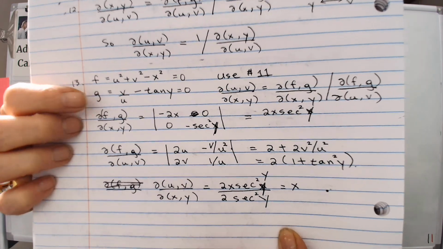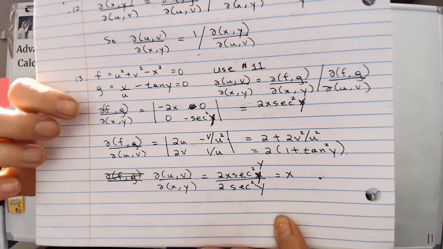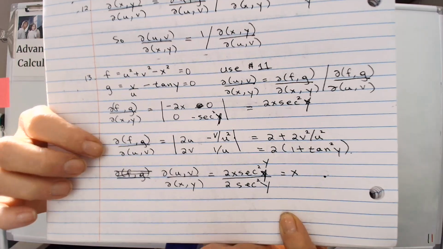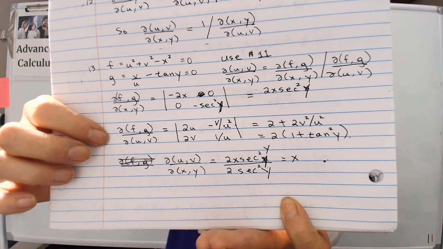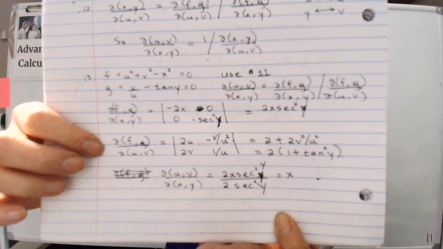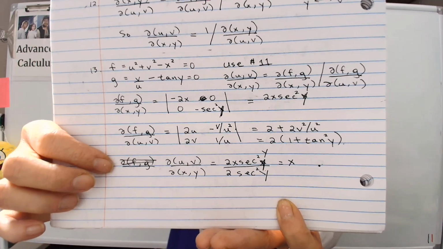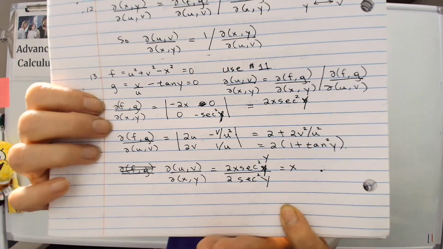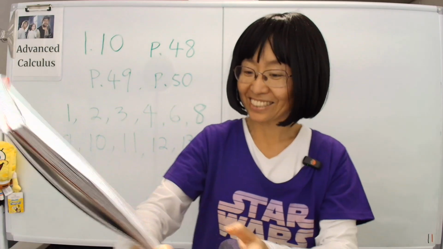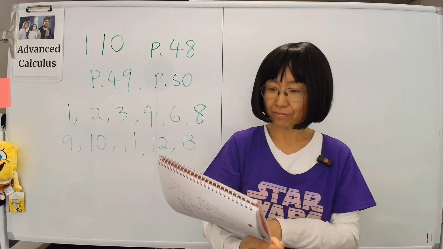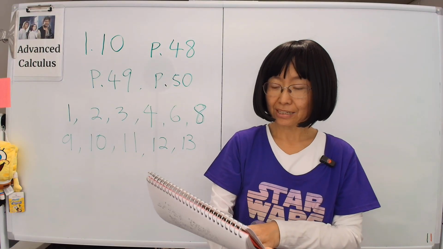First part, we just have to do partial fg xy, which is fairly simple to do, and fg uv, again, fairly simple to do. And then once you got that, you multiply them together, and realize they all end up becoming just x. How nice.